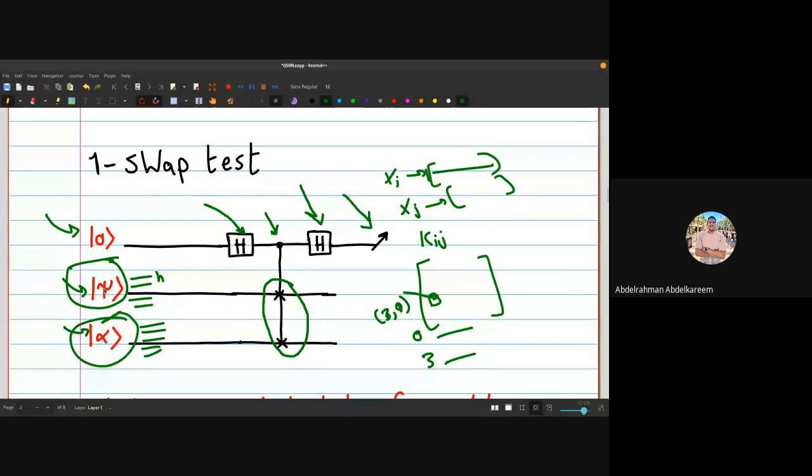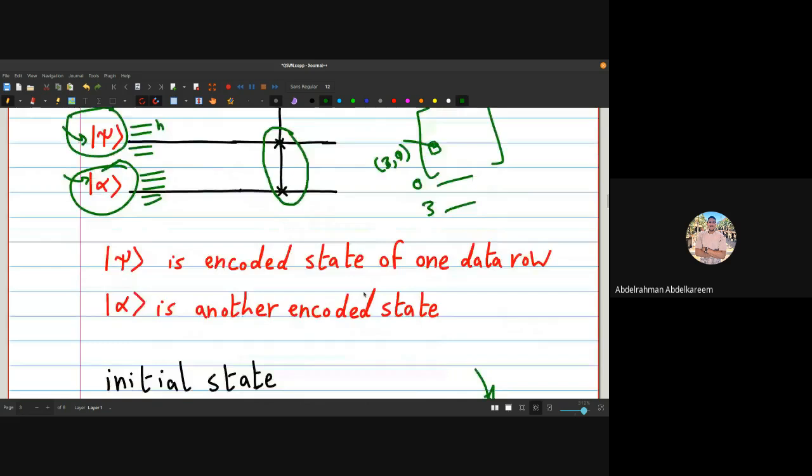The first is an encoded state of one data point in the dataset, and the other is another data point in the dataset. We will get the inner product or the similarity between them using quantum circuits: apply Hadamard on the first qubit, then apply the Fredkin gate, then apply another Hadamard on the first qubit, then we measure.